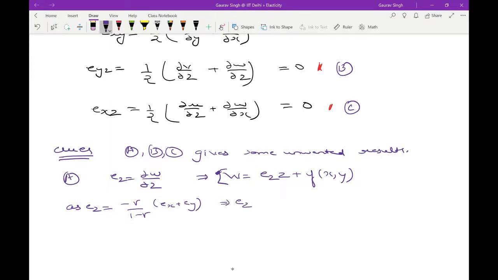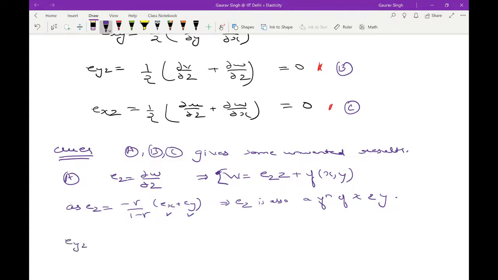This implies that εz is also a function of x and y. The reason this will happen is because if εx is a function of x and y, εy is a function of x and y, so εx plus εy will also be a function of x and y, and that is εz. That's why we say that εz is also a function of x and y.